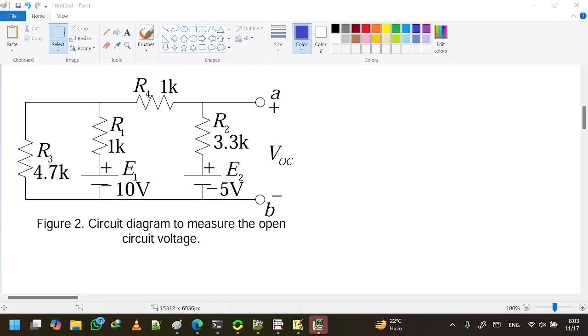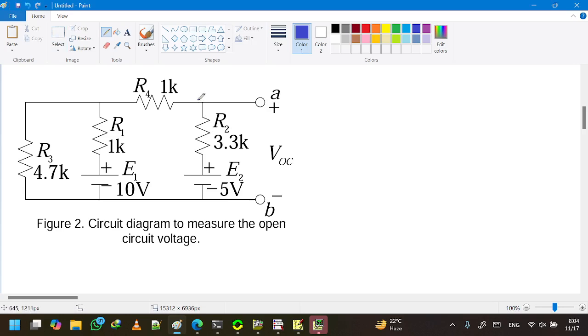For the second circuit, we can calculate the open circuit voltage. To calculate the open circuit voltage, we need to find the voltage across terminals A and B. For this, we understand that this part of the voltage is 5 volt. The rest of the voltage will be added to this 5 volt to make the overall VOC.